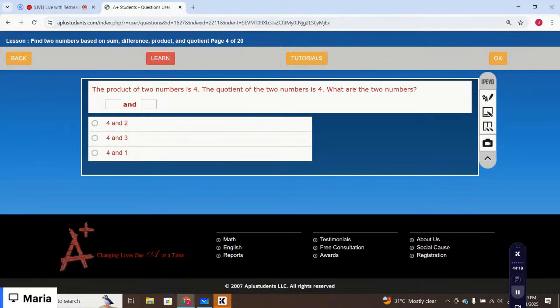Option number 3 is the correct option. 4 and 1. When you multiply them, 4 times 1 is 4. When you divide them, 4 divided by 1 is also 4.